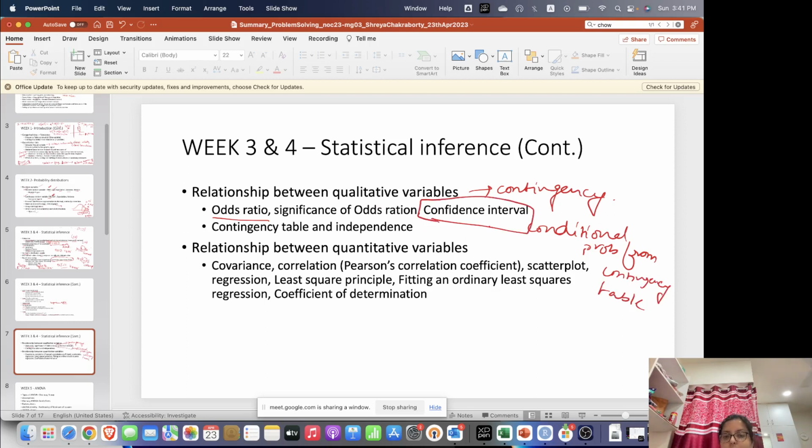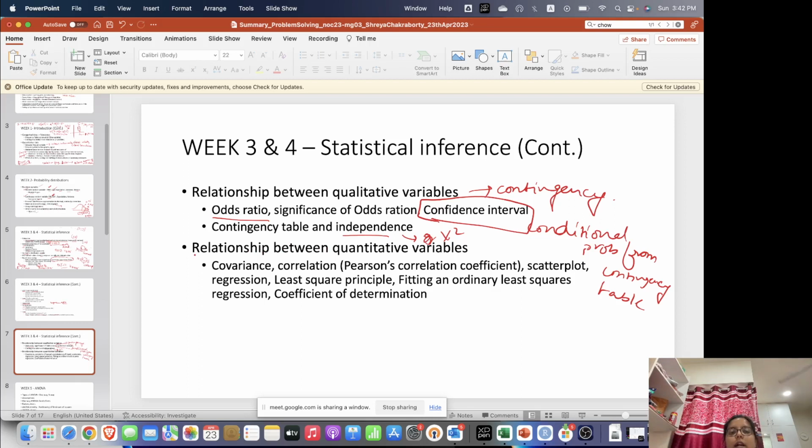This is quite important. Okay, and when we are testing for independence, we would go for a chi-square test based on the expected probabilities and the observed frequencies. So that thing also we learned.